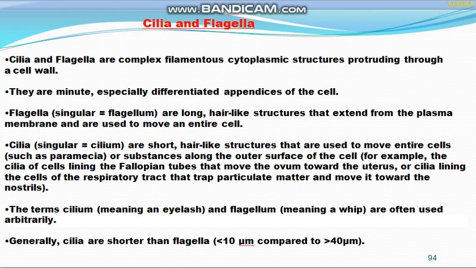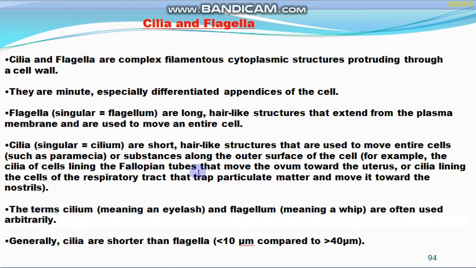So flagella are long hair-like structures, and cilia, and the singular of cilia is cilium, are short hair-like structures which are used to move the entire cell, as in the case of the paramecium, or to move substances along the outer surface of the cell. For example, the cilia of the cells lining the fallopian tubes.